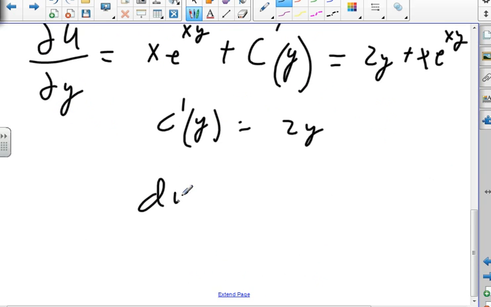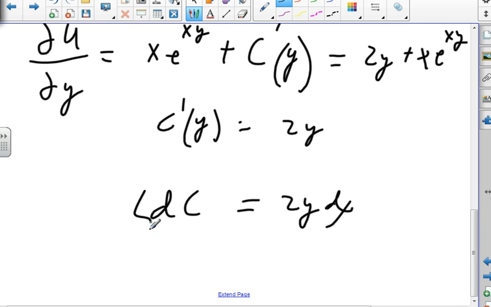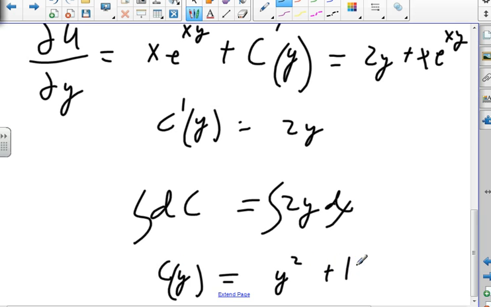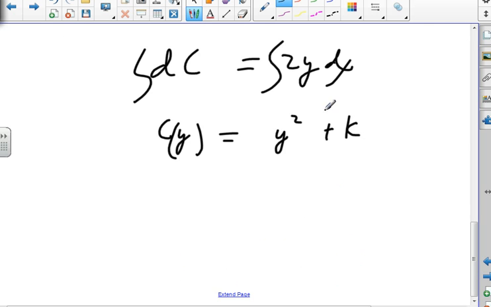Okay, so dc, the derivative of the constant in y only has to be 2y dy. I integrate both sides. The constant in y only is going to be y squared plus k, some other constant.